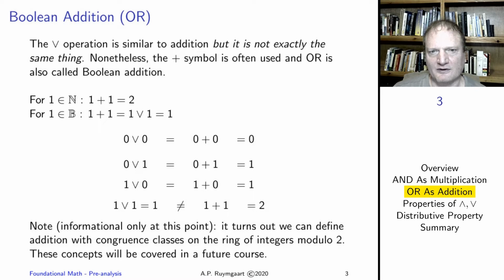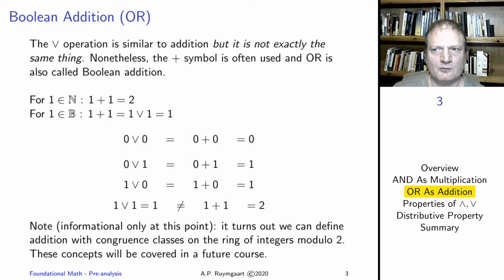Let's take a look. 0 or 0 is equivalent to 0 plus 0 on natural numbers, and the result is 0. 0 or 1 is the same as 0 plus 1 on natural numbers, which equals 1, and 1 or 0 on the Boolean numbers is the same as 1 plus 0 on natural numbers, and it also equals 1. These three results are the same. The only exception is the last case: 1 or 1 equals 1, while 1 plus 1 equals 2 on natural numbers.